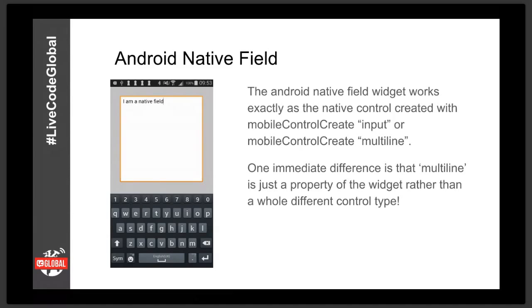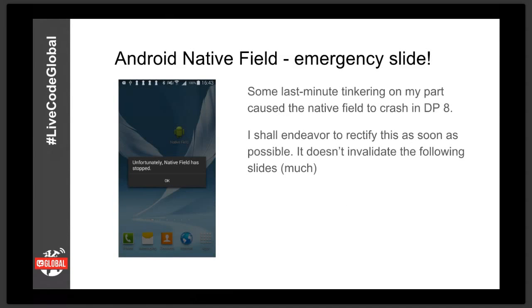Before, when I was writing the slides, it worked exactly as the native control created with mobile control create input or multi-line. And multi-line is just a property of the widget rather than a different control type, which is nice. Some last-minute tinkering on my part caused it to crash in DP8, so I will rectify this as soon as possible. It doesn't invalidate the following slides in principle.